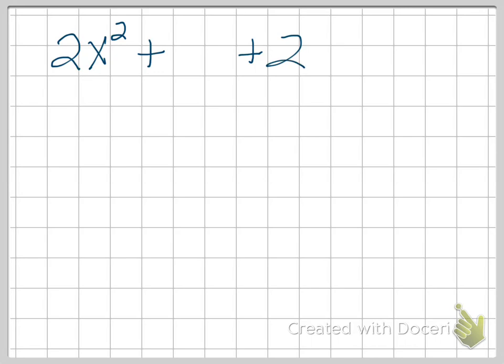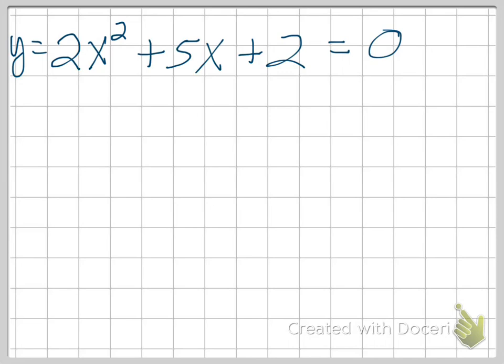Let's go plus 2, and let's go with 5x in the middle. Okay. And let's say that we want to find the zeros of this thing. This is what y is going to equal, and let's let that equal 0. And let's hope that I came up with an equation that's going to have zeros.